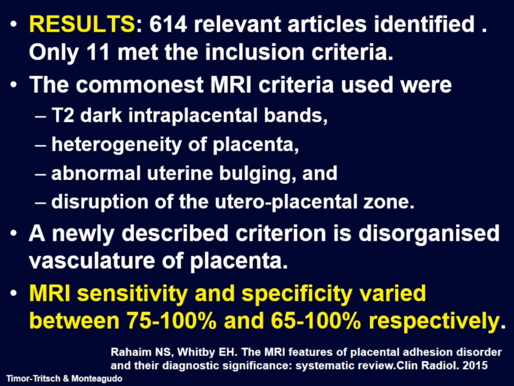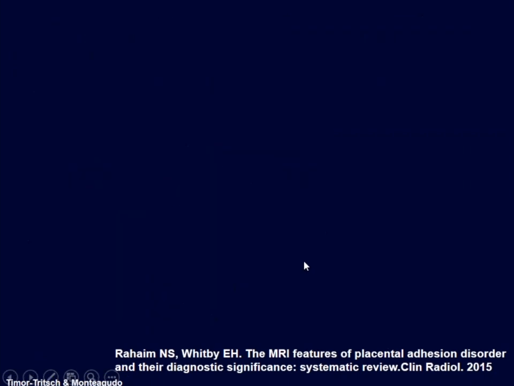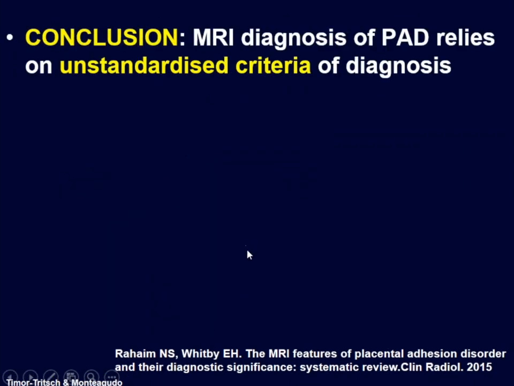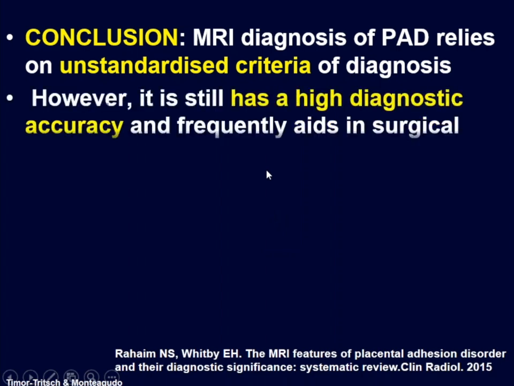The sensitivity and specificity of MRI varied between 75 and 100% and 65 and 100% respectively. Their conclusion was that MRI diagnosis of placental adherence disorders relies on unstandardized criteria of diagnosis.